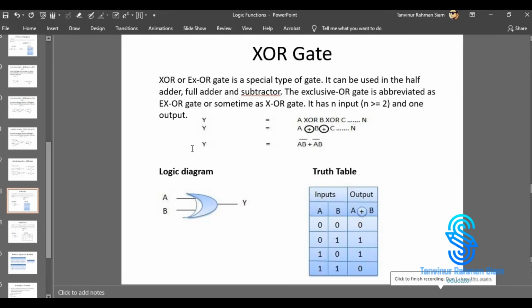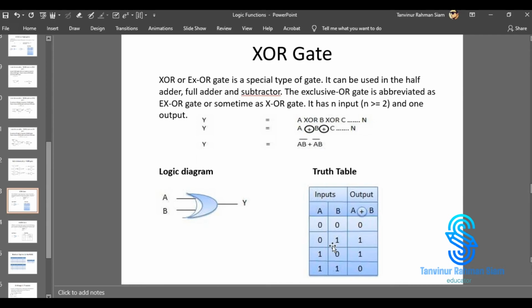Okay, after that we have two special types of gate, that is the XOR gate and the XNOR gate. For remembering it, you can use the circle. While using the sign of the OR gate, you give a plus sign, and now you give a round circle around the plus sign.